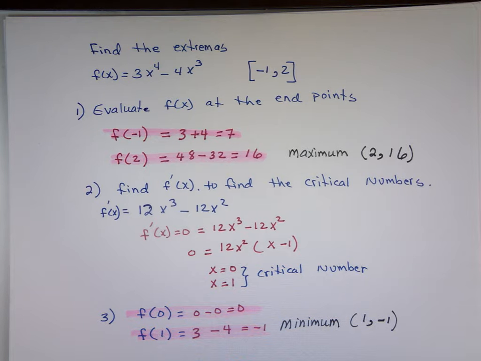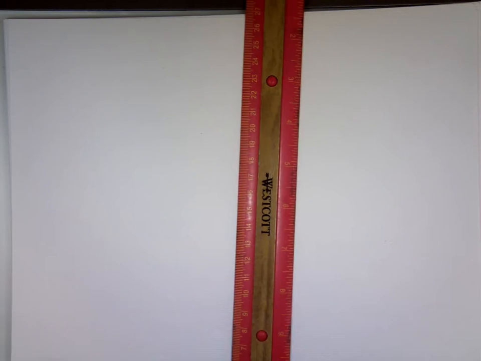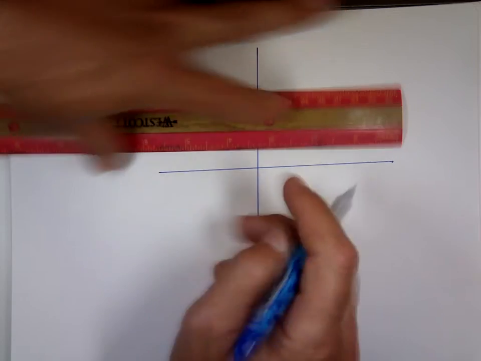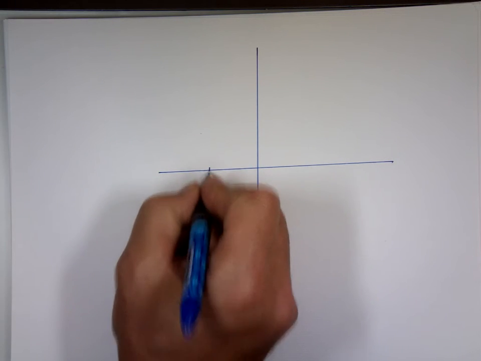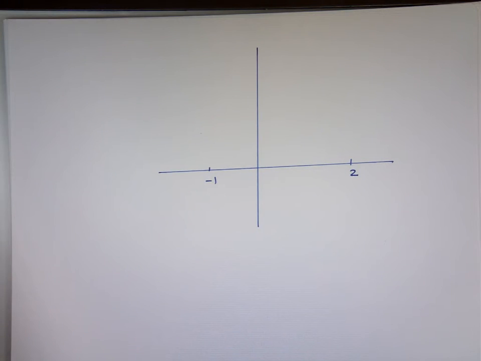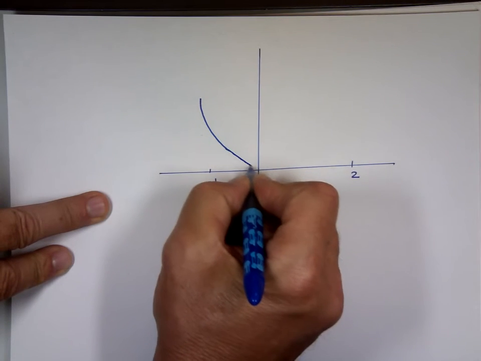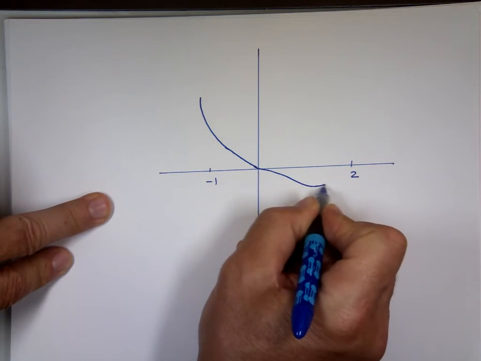Now, if you did graph this function, by the way, this is what the graph will look like. We started from -1 and we went to 2, right? It's going to look like this. Something like this.